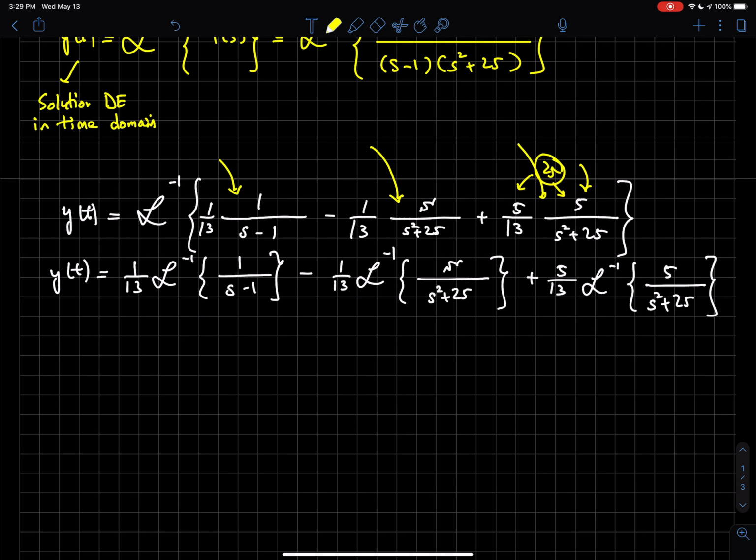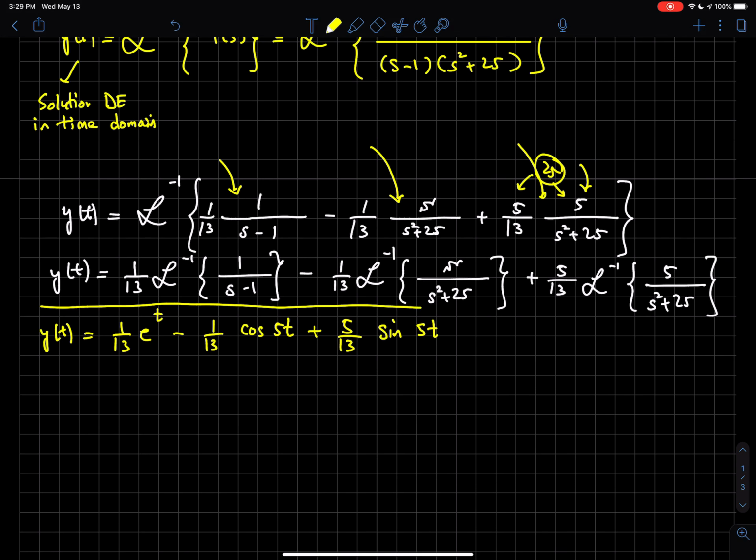Now I've broken it all apart, so now my solution y of t is going to be 1/13 e to the t, minus 1/13 cosine of 5t, plus 5/13 sine of 5t. So that becomes my solution in time domain. Put it in the box. So there's my solution in time domain.